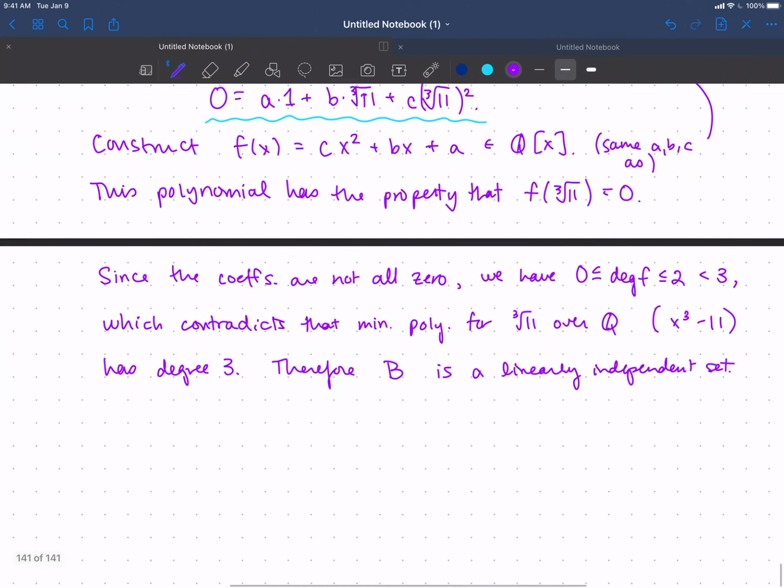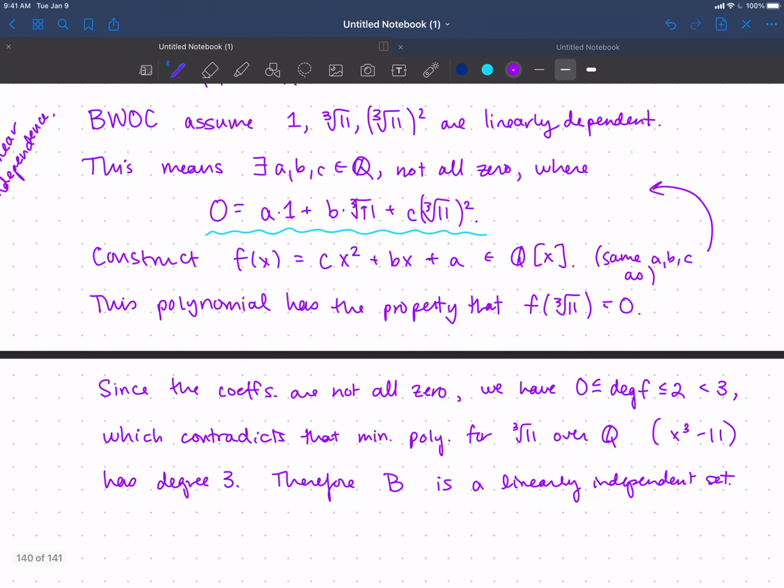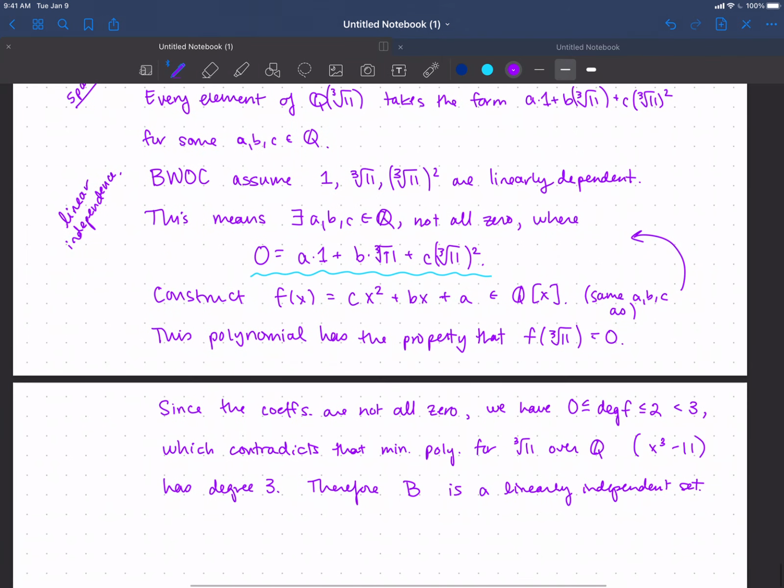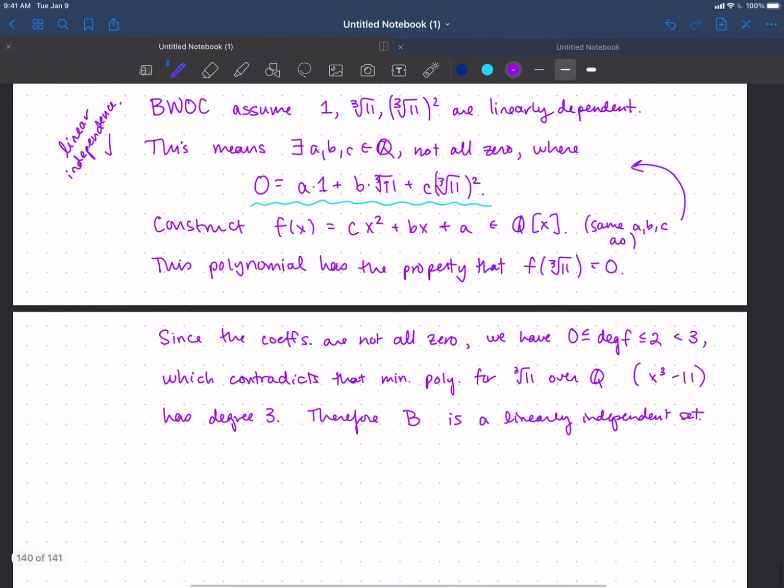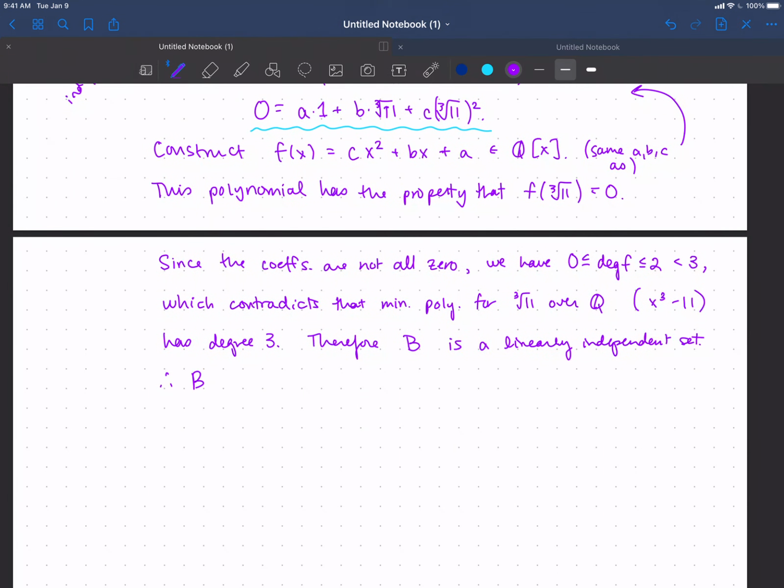And now we've got that B is linearly independent and a spanning set, which makes it a basis for Q adjoin cube root of 11 over Q. And the dimension is the size of any basis, because one of our lovely linear algebra theorems is that once you find a basis, that's the only possible size a basis can take.